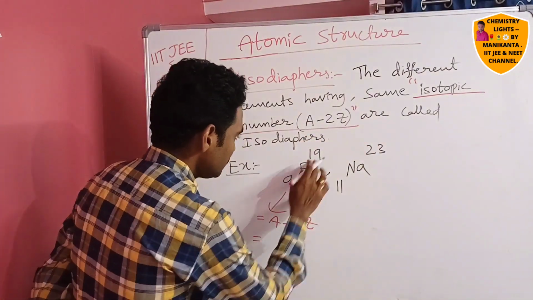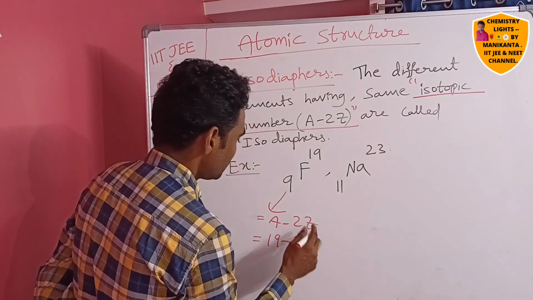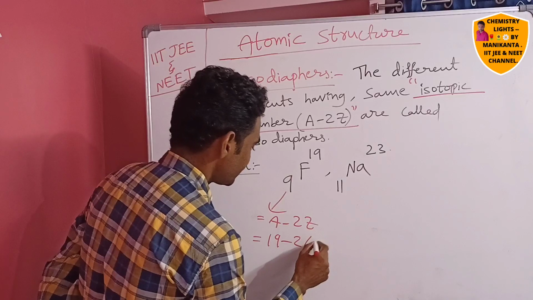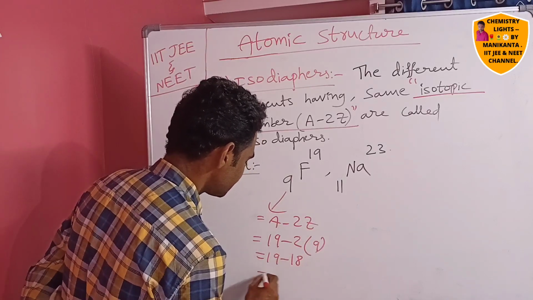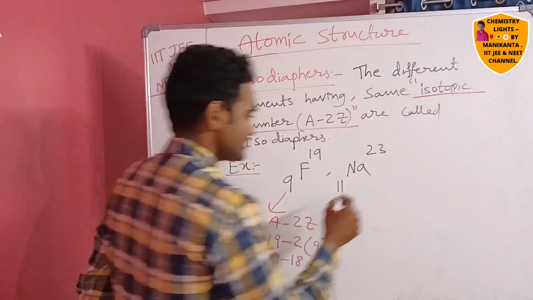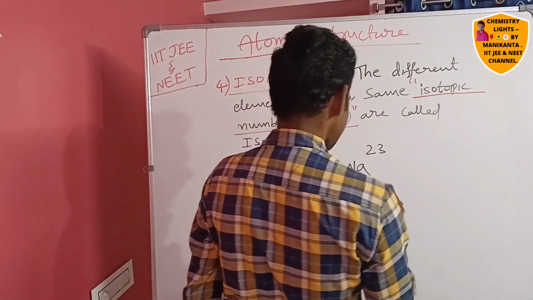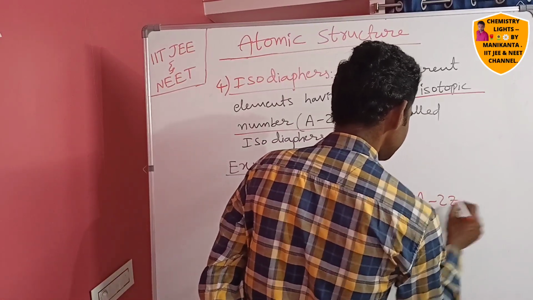See, A value how much for the fluorine? 19 minus 2 into Z value for the fluorine, 9. 19 minus 18, how much? 1. Isotopic value for the fluorine is 1. Next, for sodium, isotopic value A minus 2Z I have to calculate.